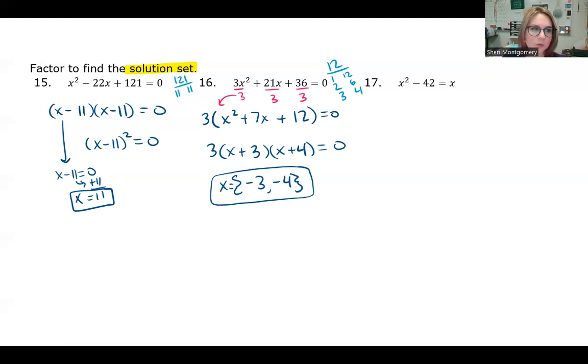So I believe I heard, ooh, I don't know how to do the last one. Yes, you do. We've got to set it equal to 0. So we will subtract x, and we've got to put it in order when we do that. So I'll get x squared minus x minus 42 is equal to 0.